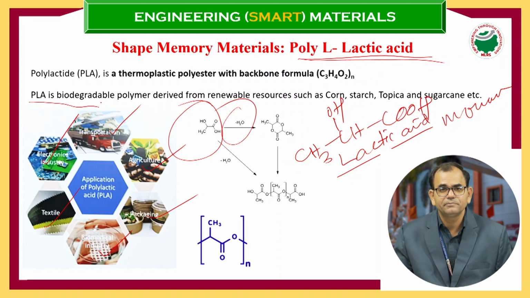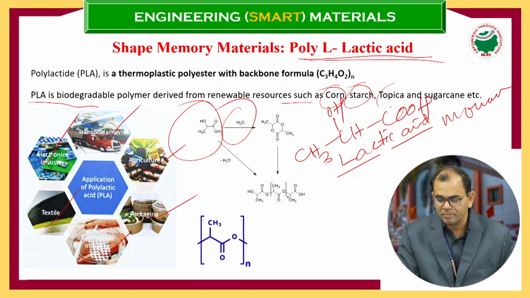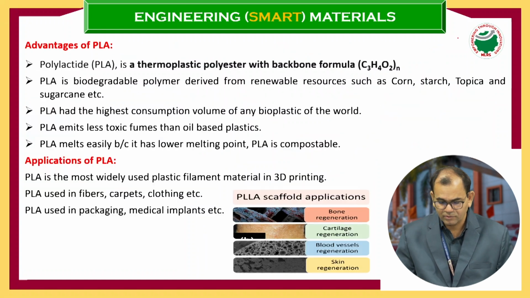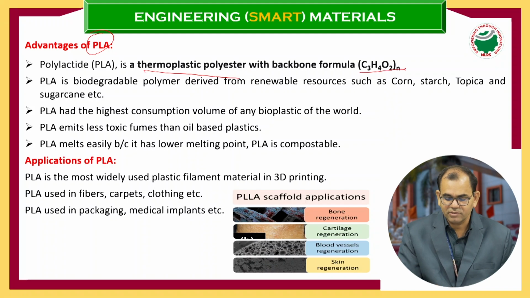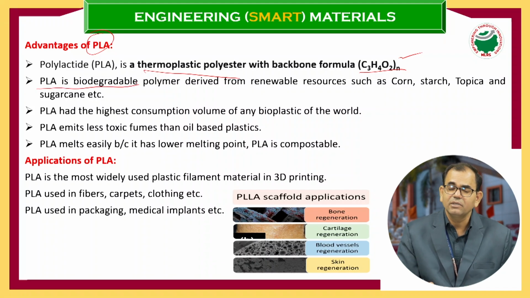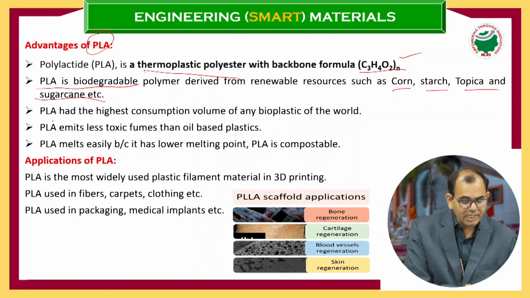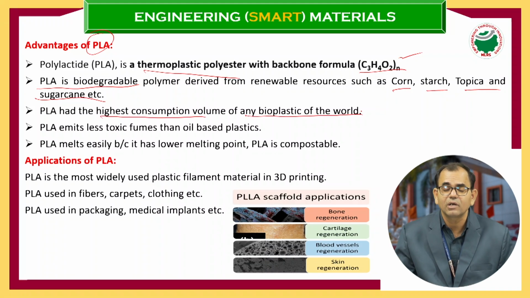PLA is a biodegradable polymer derived from renewable sources like corn starch, tapioca, sugarcane waste. These are some of the sources for the preparation of polylactic acid. Now, advantages of polylactic acid. PLA stands for polylactic acid, a thermoplastic polyester with backbone C3H4O2, and it is a biodegradable polymer derived from corn starch, tapioca and sugarcane waste. PLA has the highest consumption volume of any bioplastic across the world.